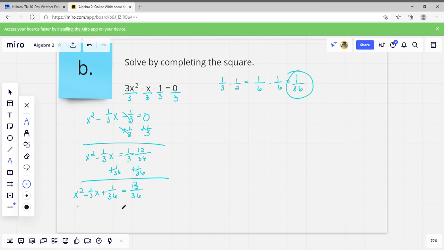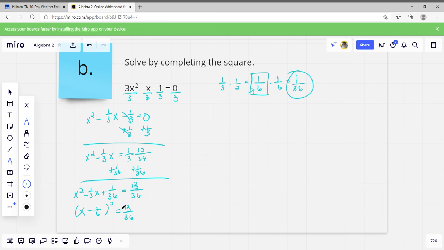Okay, so now I can turn this into a square, which would be x, and then we use half of whatever our x term was, so minus 1/6. So if we did negative 1/6 plus negative 1/6, we would get 2/6, which is the same as 1/3. And then if we multiplied that times itself, 6 times 6 is 36, we'd have 1 over 36. So that squared equals 13 over 36.